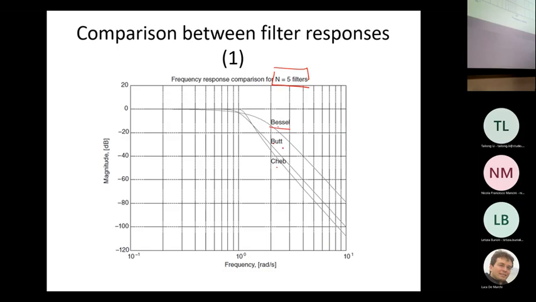What can be clearly seen is that the Chebyshev is the most selective one. So if we use filters of the same order, then you can get higher attenuations with the Chebyshev filter with respect to the others.